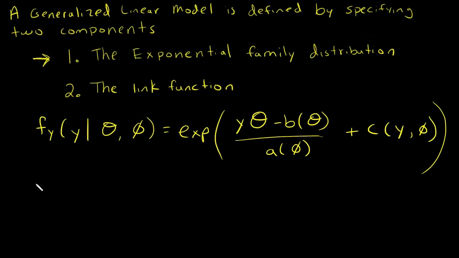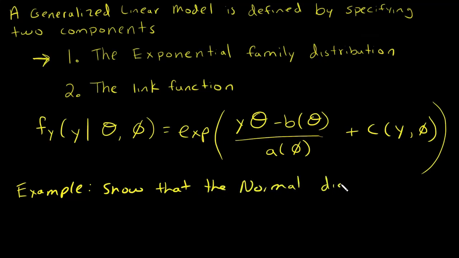Okay, so for example, let me go ahead and show that the normal distribution is from the exponential family. And in doing this, we are going to identify what is theta, what is phi, what are these functions a, b, and c.